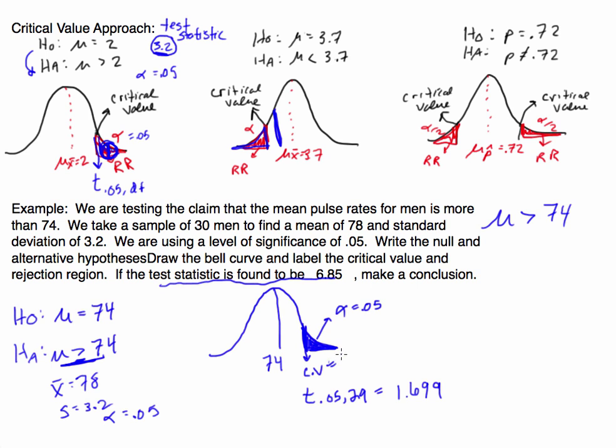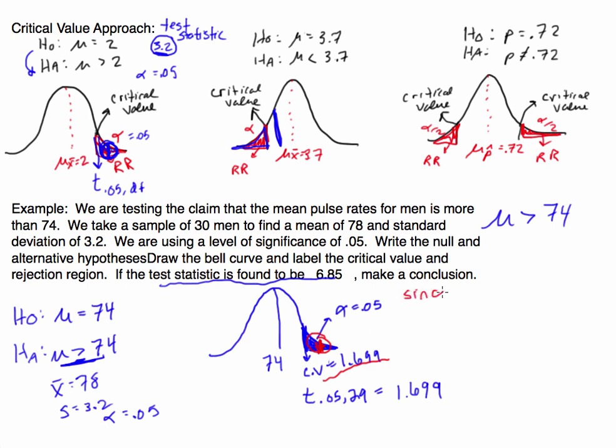The critical value is 1.699. In other words, if we calculate a test statistic, and that test statistic lies further away than 1.699, then it's going to be in this rejection region. We were told that the test statistic was calculated to be 6.85. So 6.85 is definitely past 1.699 and in this rejection region.